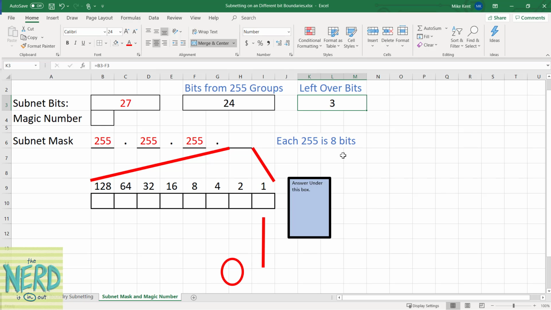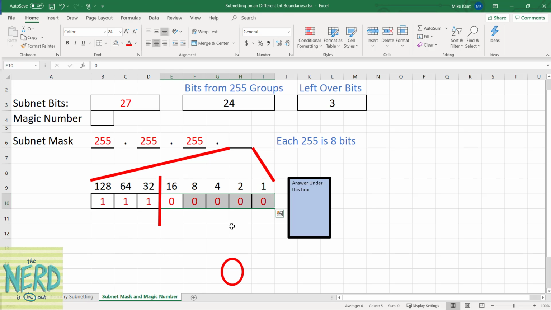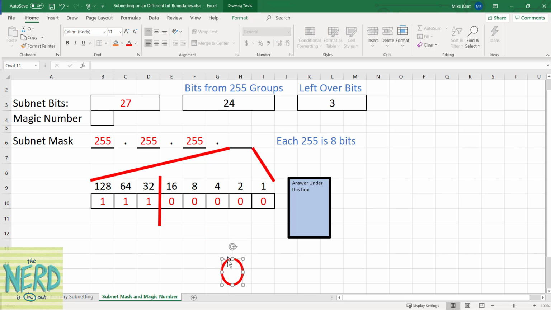And I've got 3 bits left over. So in this case, I'm going to go 25, 26, 27. The remaining 5 bits of the subnet mask are all going to be zeros. So first thing we do, once we figured that out, is we put our dividing line between the network bits and the host bits, and we circle the number to the left.